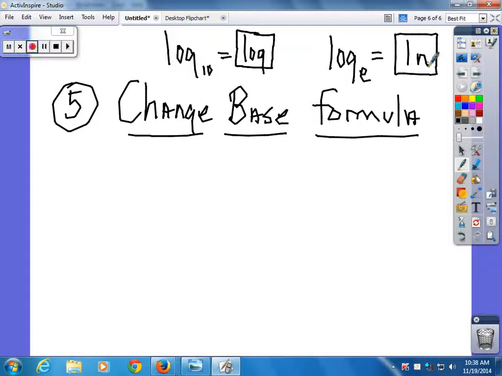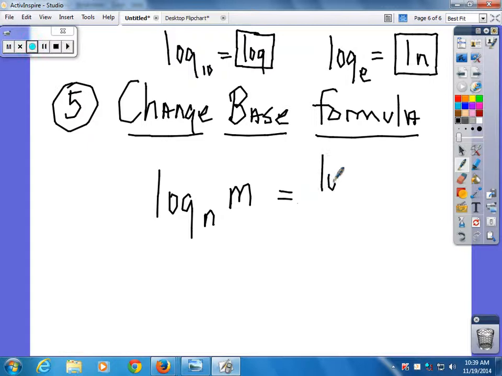The change of base formula says, if I want to calculate log base n of m, and n is like a 2 or a 5 or a 6, because if it's a 2, 5, or 6, it's not one of what? Not one of these. So you can't calculate it on your calculator. So I've got to change it.